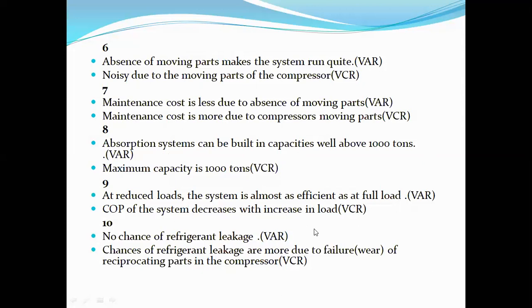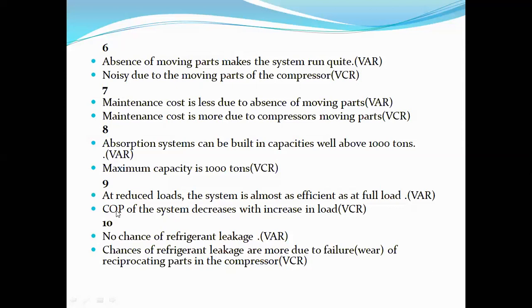Okay. So as I said, the load is required more in case of VCR because of the compressor. It requires more power. As the power increases, the load required is also high. Because of the increase in the load, the COP, as I discussed in the previous class, COP is coefficient of performance.